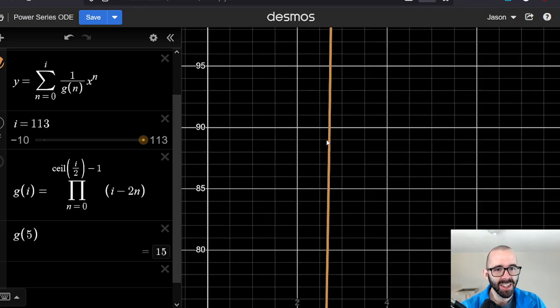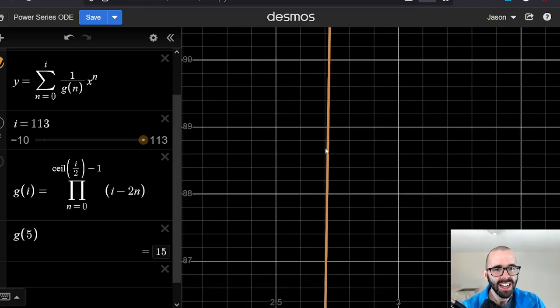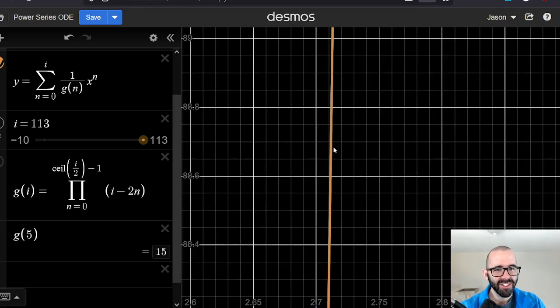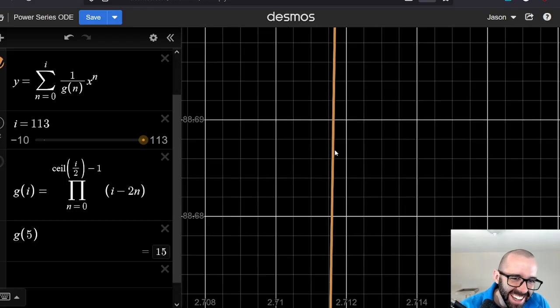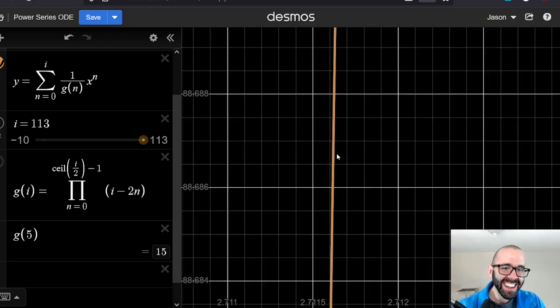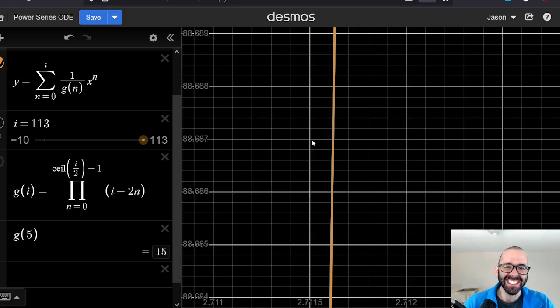And of course, if you zoom in, oh my, this is not good on my eyes. If you zoom in enough, they'll be different. This is a lot of terms. Okay, let's not zoom in any further. But that shows, like, yeah, the answer is not a polynomial.